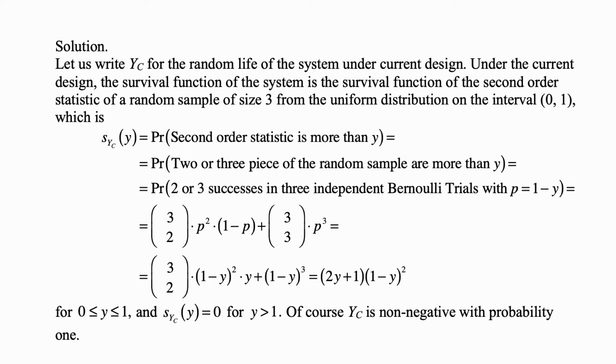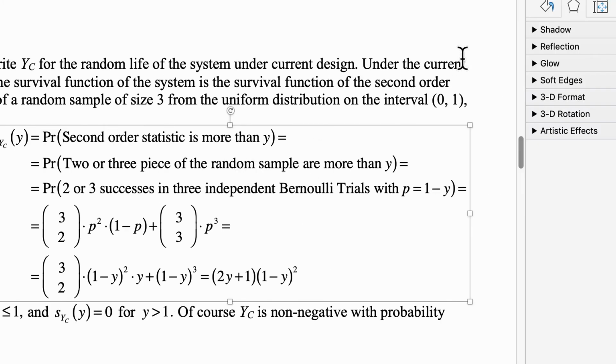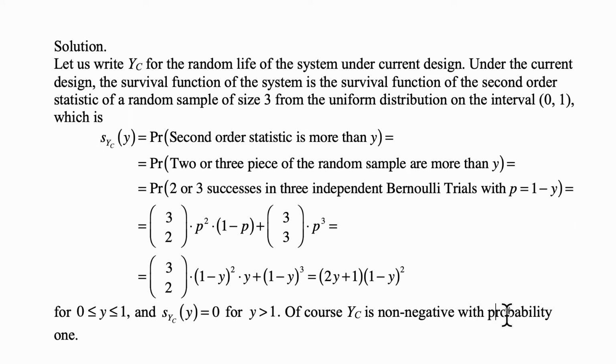Under the current design, the survival function of the system is the survival function of the second-order statistic of a random sample of size 3 from the uniform distribution on the interval 0, 1, which is S sub Y_C of y, the probability that the second-order statistic is more than y, which is the probability that 2 or 3 pieces, I'm sorry, I need to say pieces in this, I'm not able to correct it right now, so my apologies, it should say pieces, of the random sample are more than y, which is the probability that 2 or 3 successes happen in 3 independent Bernoulli trials with probability of success equal to p equals 1 minus y.